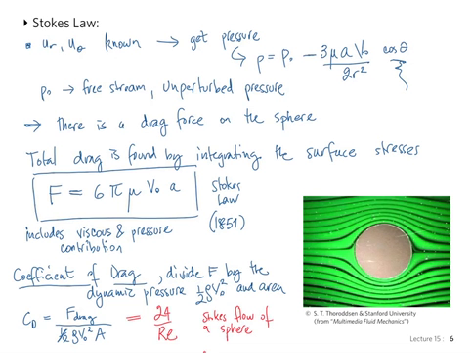Yeah. Is that statement that total drag is found by integrated surface stress true in general, or is that only in Stokes flow? The total drag is found by integrated surface stresses in general. In the case of Stokes flow, we can do it neatly and it gives you a result. In many other cases, we're left with an integral.